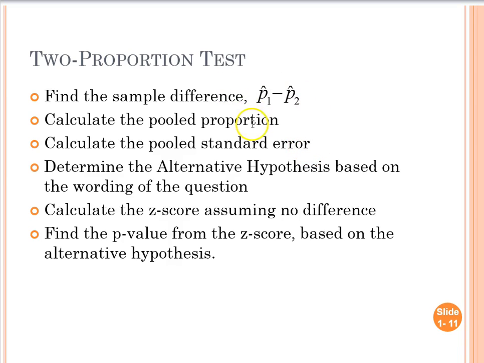Once we have those three components, we can determine the alternative hypothesis, and the alternative hypothesis is going to be based on whether or not we think one group is greater than the other group. Once we have that alternative hypothesis, we can calculate the z-score when we assume no difference. Again, that assumption of no difference is the reason why we subtract off 0 from the top. And then once we have that z-score and the alternative hypothesis, we can calculate a p-value from the z-score.